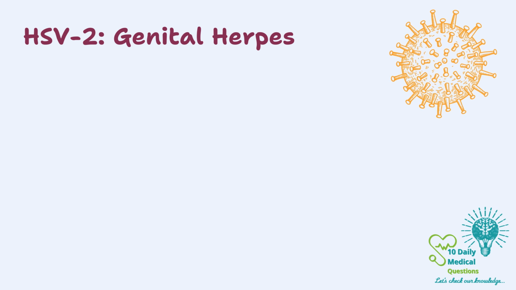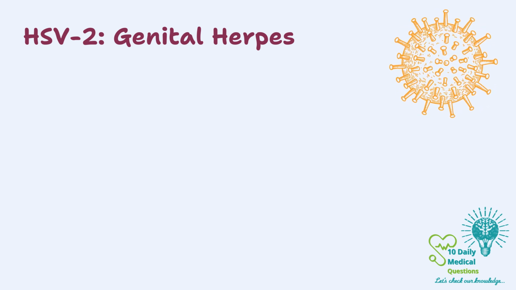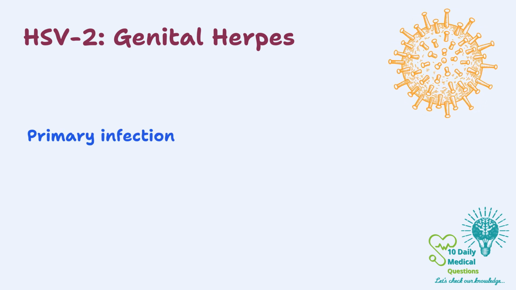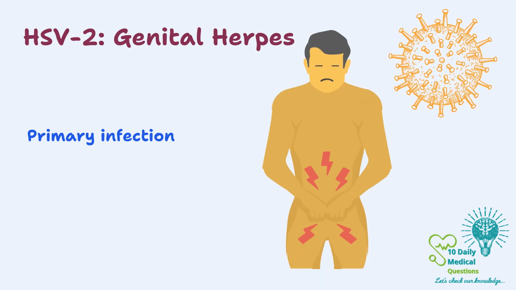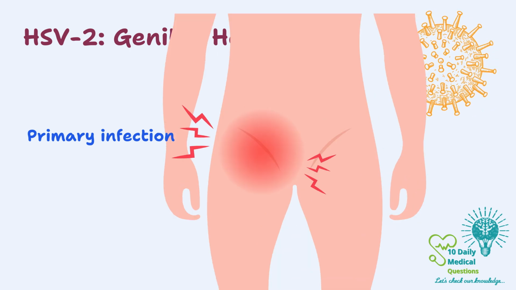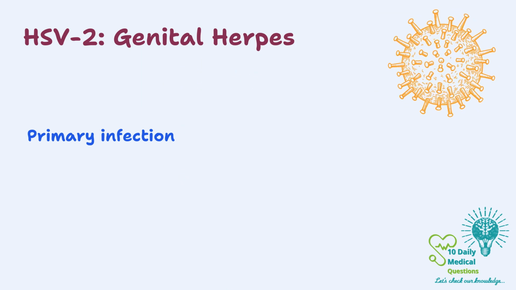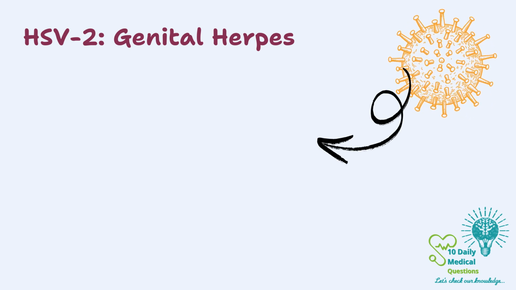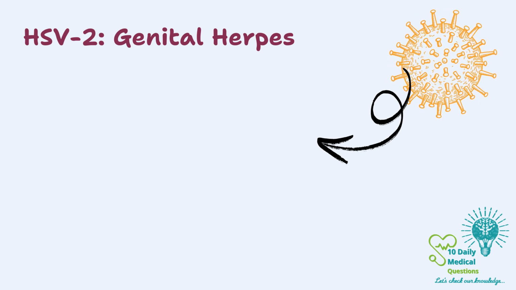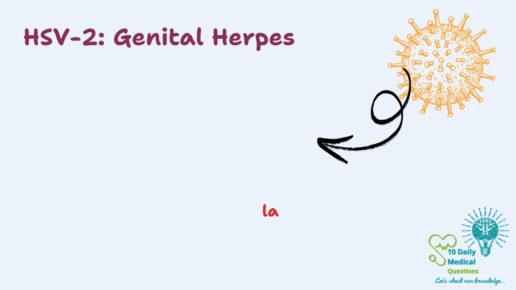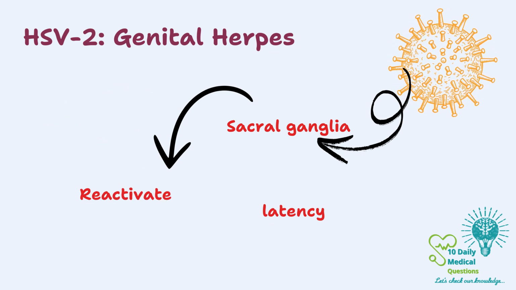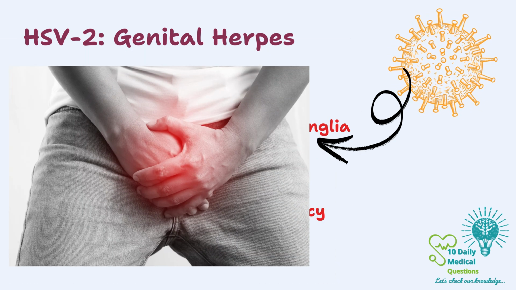HSV-2 genital herpes. HSV-2 is the leading cause of genital herpes. Primary infection is often severe, presenting with painful genital vesicles, fever, and inguinal lymphadenopathy. The first episode can be prolonged and distressing. Following primary infection, like in HSV-1, HSV-2 also establishes latency, but in the sacral ganglia, and can reactivate periodically, leading to recurrent genital ulcerations.